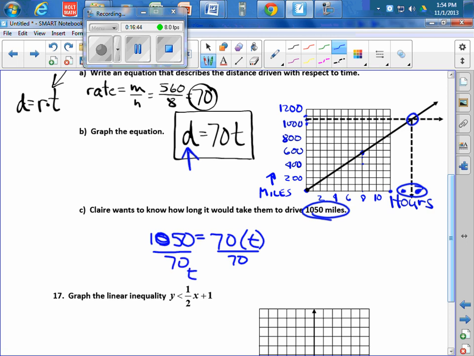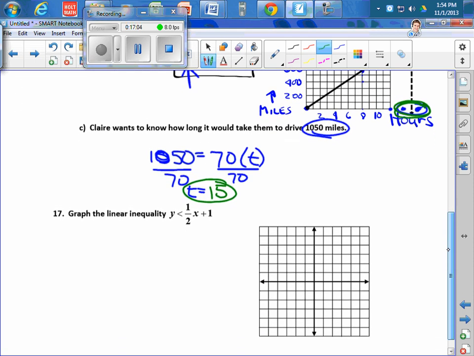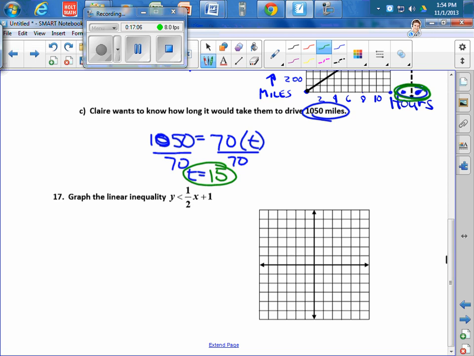And what do you get for the t, for the time? So go ahead and take that and plug it into your calculator. And doesn't that give you 15 hours? And isn't that what we said, that according to our graph over here, it's going to be somewhere between 14 and 16, and I would say we were pretty dead on there. So the time that it takes to go 1,050 at 70 miles an hour is 15 hours.